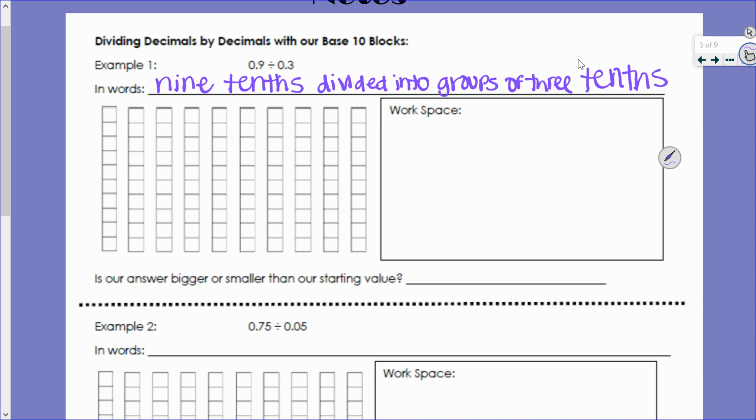Remember, this is tenths, and 1/10 is made up of 10 individual ones. Remember this from elementary school? So 1/10, 2/10, 3/10, 4/10, 5/10, 6/10, 7/10, 8/10, 9/10, and 10/10.